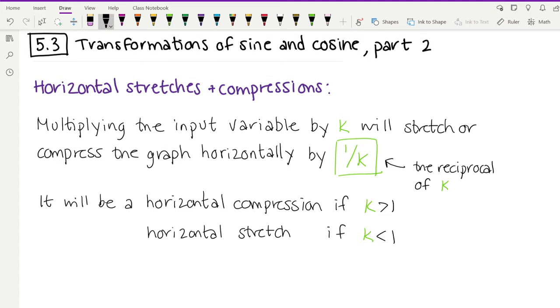Again, it's just because of that reciprocal idea, right? So you take the reciprocal and that will tell you basically whether to expect it to get larger or smaller.